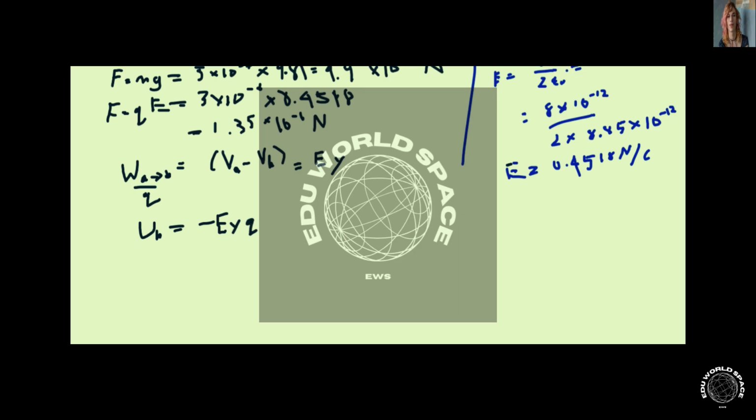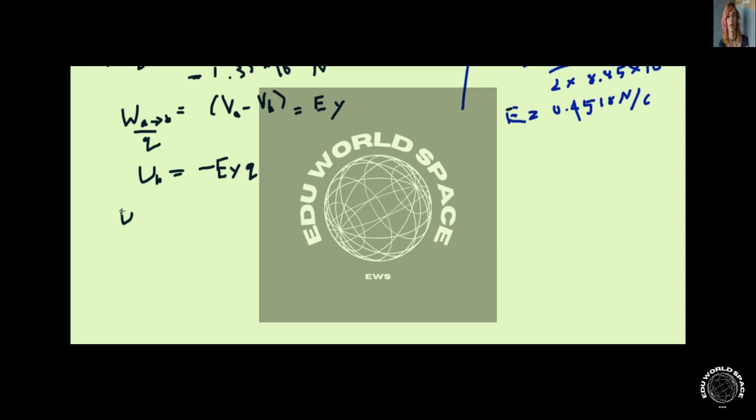So now if we apply the conservation of energy law, which states that the initial potential energy UA plus the initial kinetic energy is equal to the final potential energy plus the final kinetic energy, assuming that this is taking place in ideal conditions and no energy is lost.